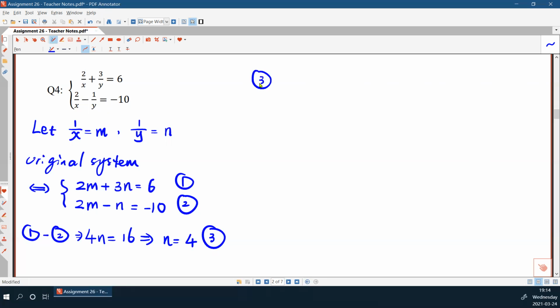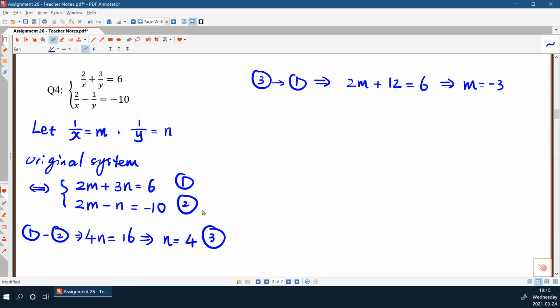Then we can put equation 3 into 1, and you will get 2m plus 3n, 3n is 12, right? And this equals 6. Okay, from here we can solve m is minus 6 over 2, which is minus 3, right?